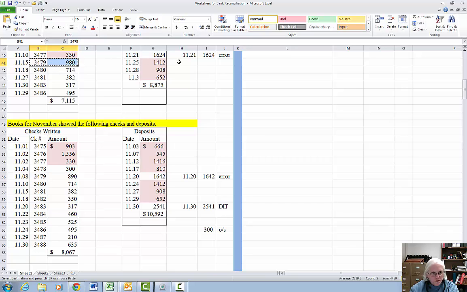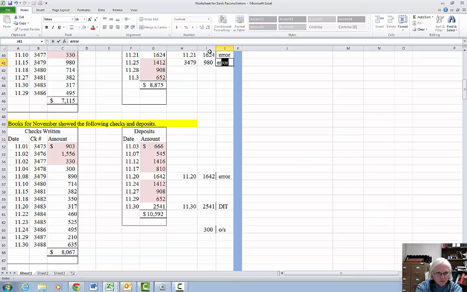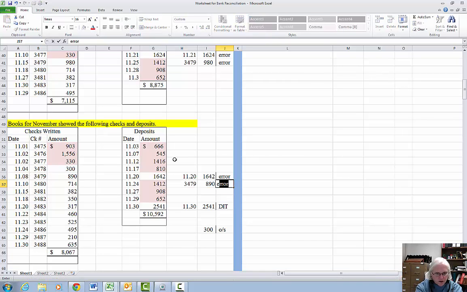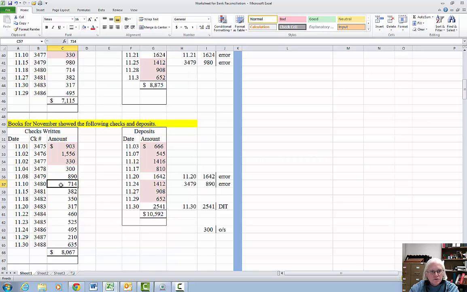So that one comes over here as an error, and this one comes over here as an error, and we'll deal with those errors in a bit. Alright, so the $300 was outstanding, the $890 is an error.